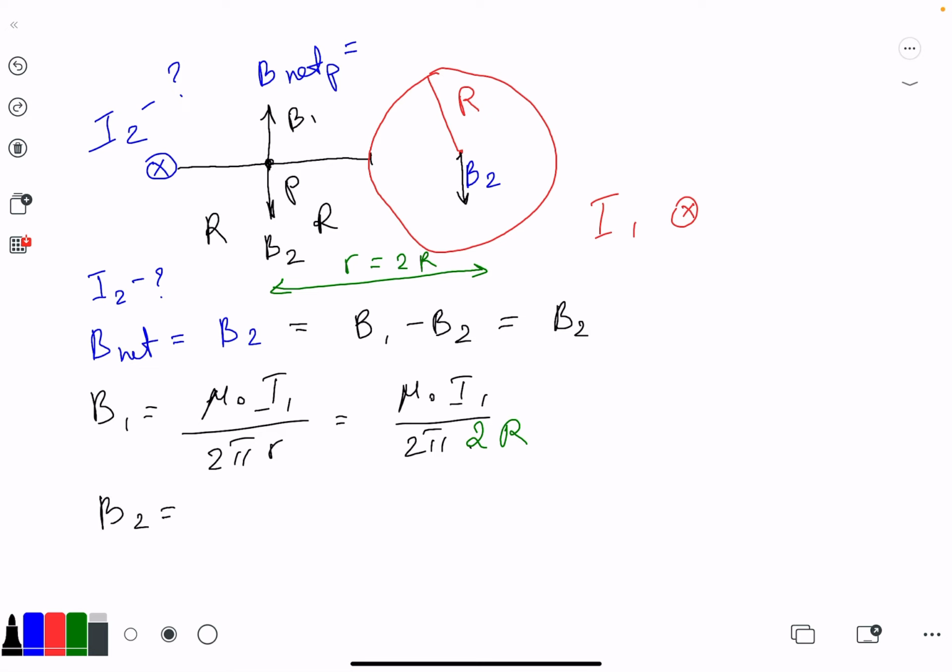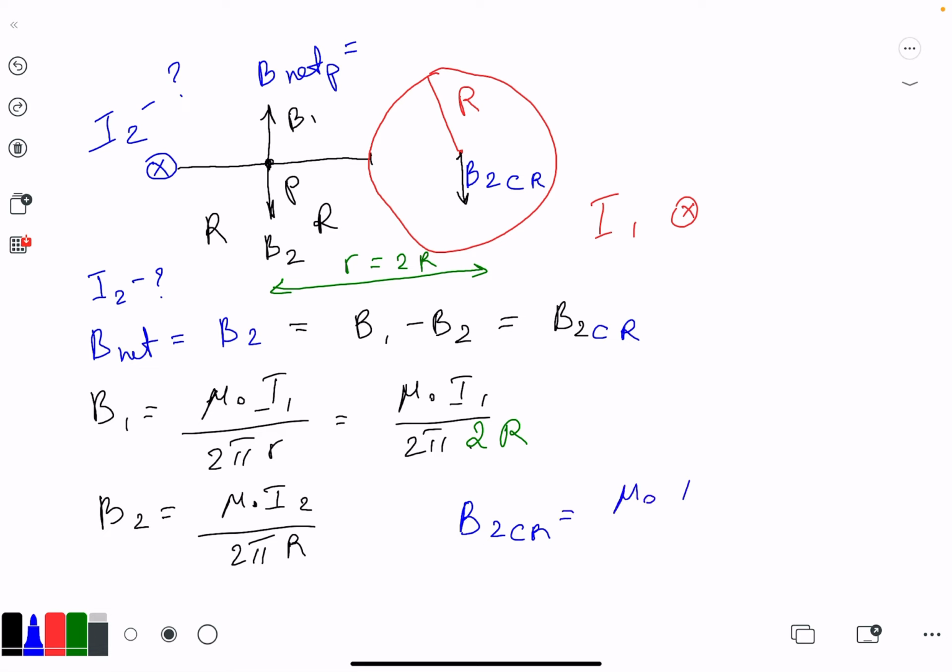B2 at point P, due to current 2, is equal to mu naught current 2 divided by 2 pi, and that distance is just r. Now let's define B2 at the center of the rod. What is the formula of B2 at the center of the rod?